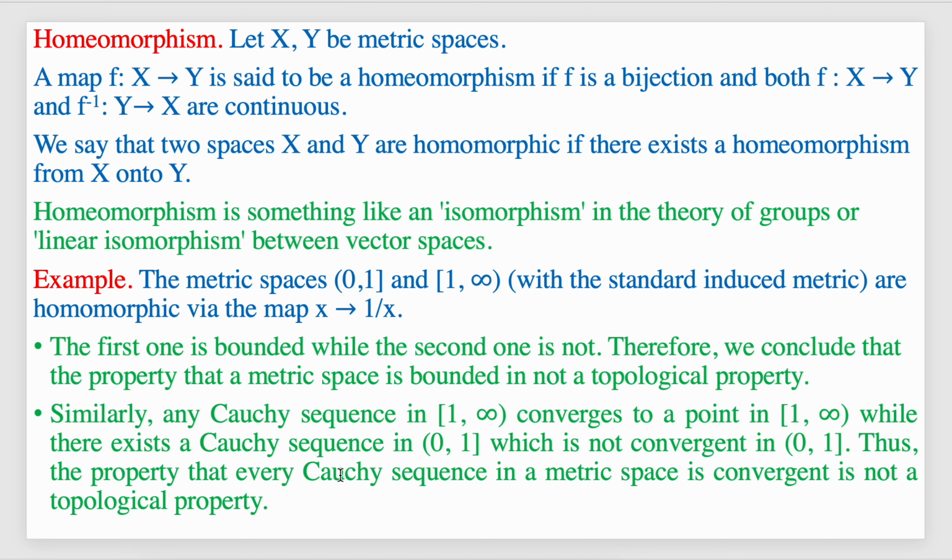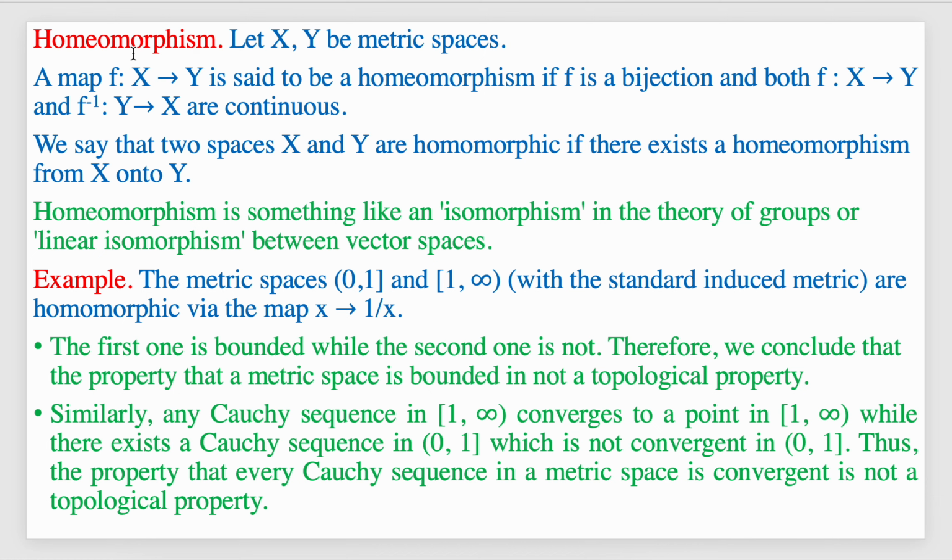Now what is a homeomorphism? Let X and Y be metric spaces. A function f from X to Y is said to be a homeomorphism if f is a bijection. Bijection means it is 1-1 and onto, and both f, which is a function from X to Y, and f inverse, which is a function from Y to X, are continuous. So for the function to be called a homeomorphism, first of all f should be a bijection, means it should be 1-1 and onto.